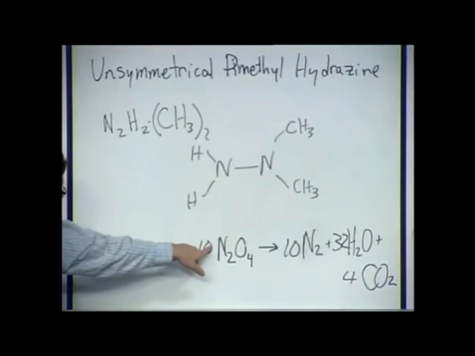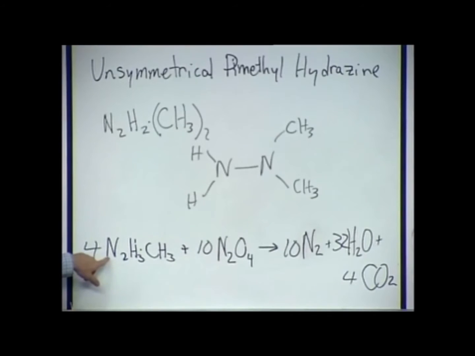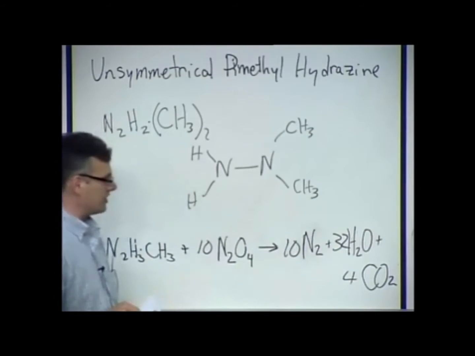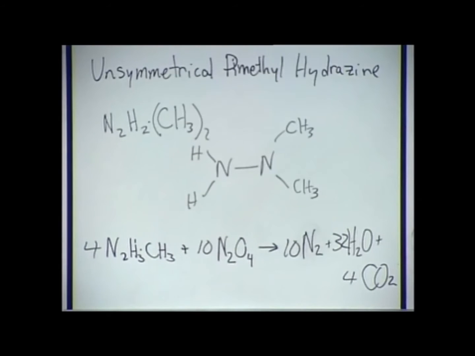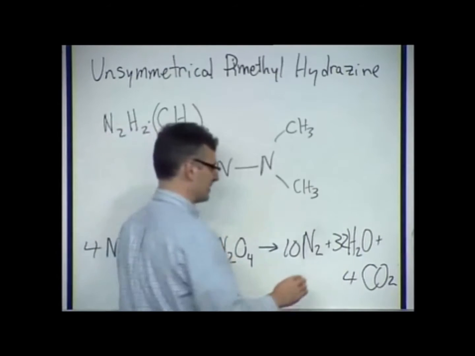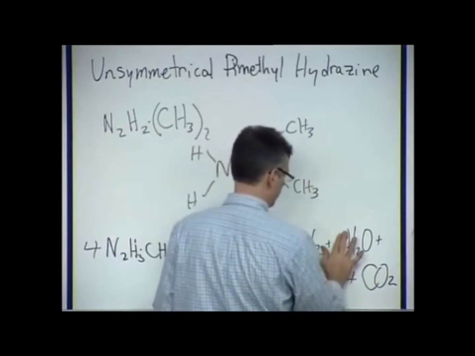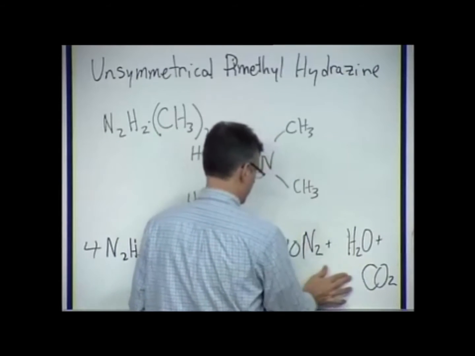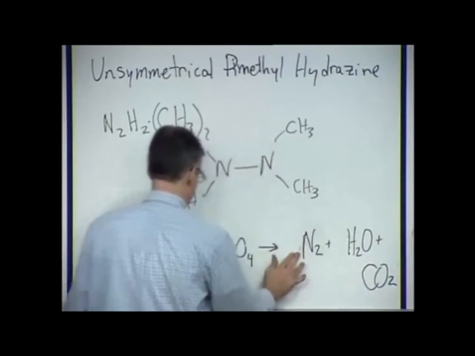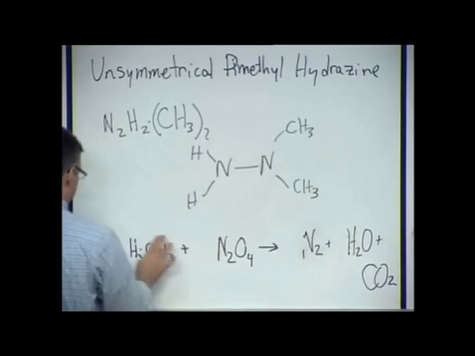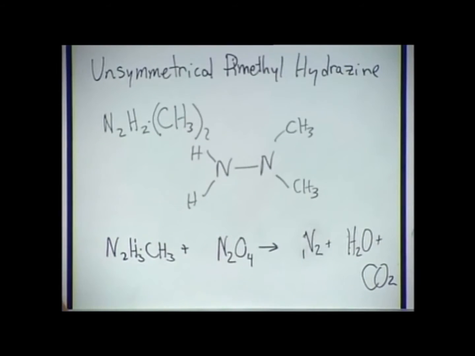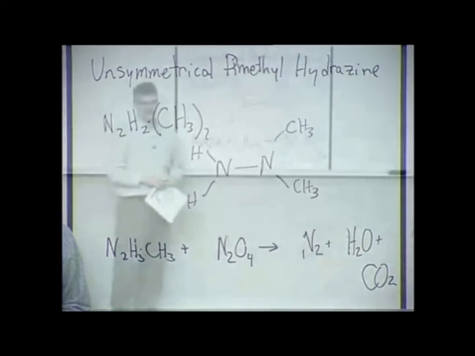Well, I've got 10 times 2 nitrogens, 4 times 2. That's 18 nitrogens. And I only got 20 nitrogens on the other side, so slightly off. It's okay. Nobody ever gets it in this class on the first try. Did anybody else get it?